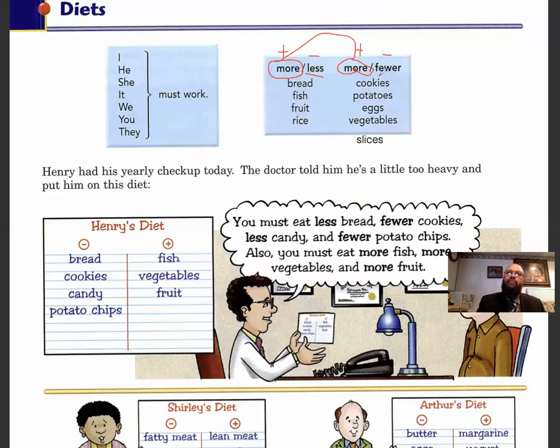They can be counted. Potatoes, eggs, vegetables, slices. How many slices of pizza do you have? I can tell you. Now, if you say, how much rice do you have? I can tell you I have one bag, but I am not describing what's inside.